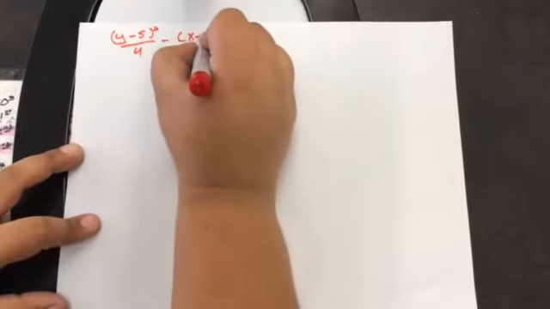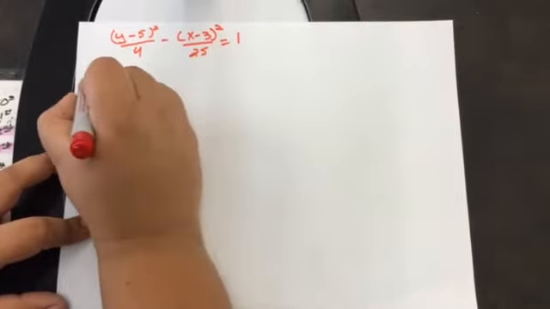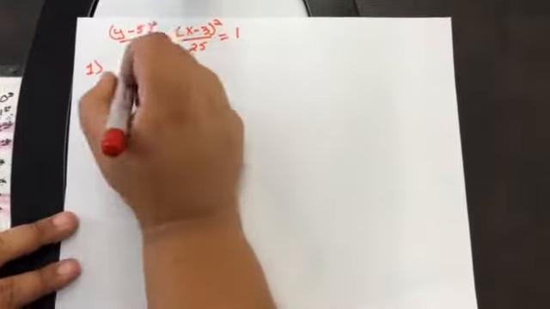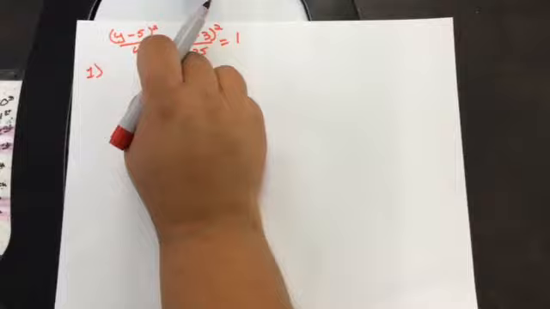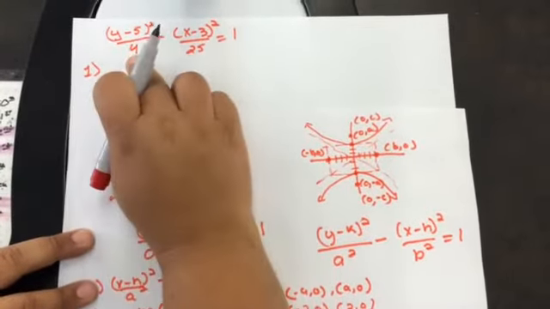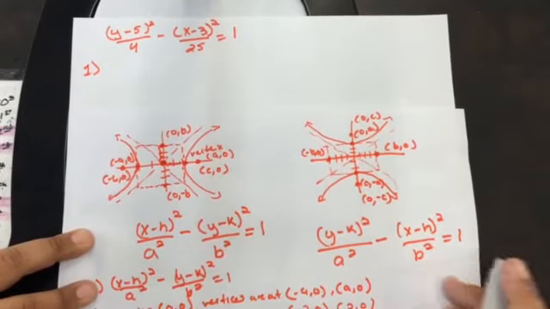Now for graphing a hyperbola. If I give you the following equation, (y - 5) squared over 4 minus (x - 3) squared over 25 equals 1, the first thing we need to do is identify the form of the equation. As you can see, it's (y - k) squared over a squared minus (x - h) squared over b squared.